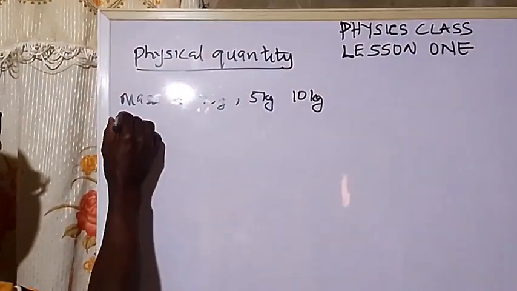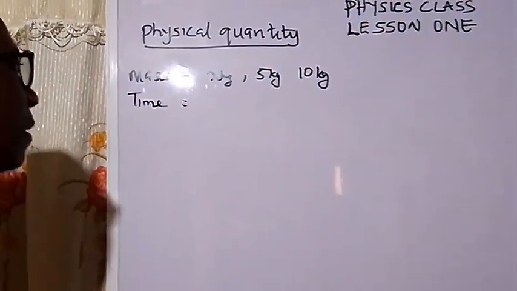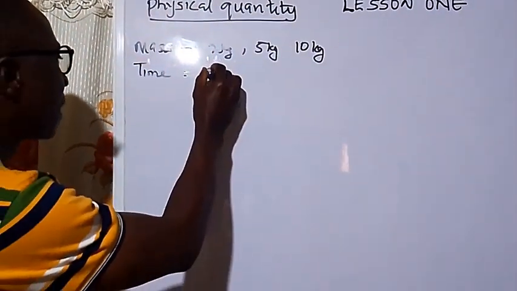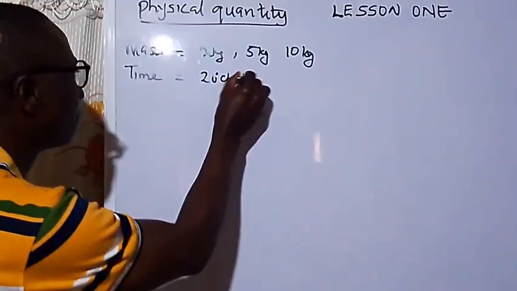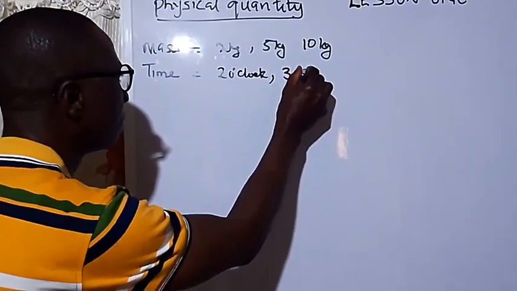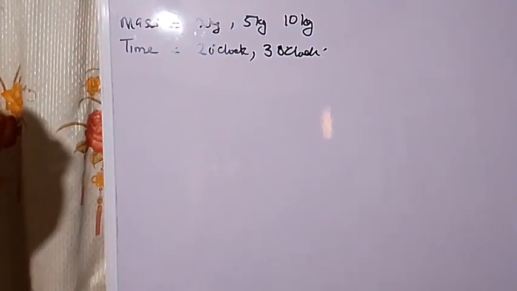Another example is time. Time is measured in seconds. Then it can be 2 o'clock or 3 o'clock, and so on, depending on what you want to measure.